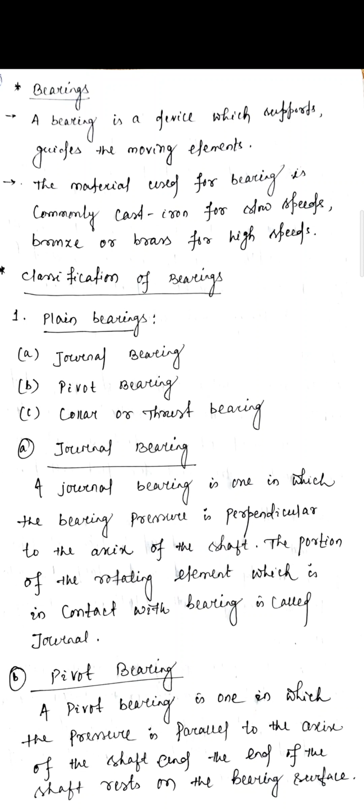So what is a general bearing? A general bearing is one in which the bearing pressure is perpendicular to the axis of the shaft. You have to remember that point.